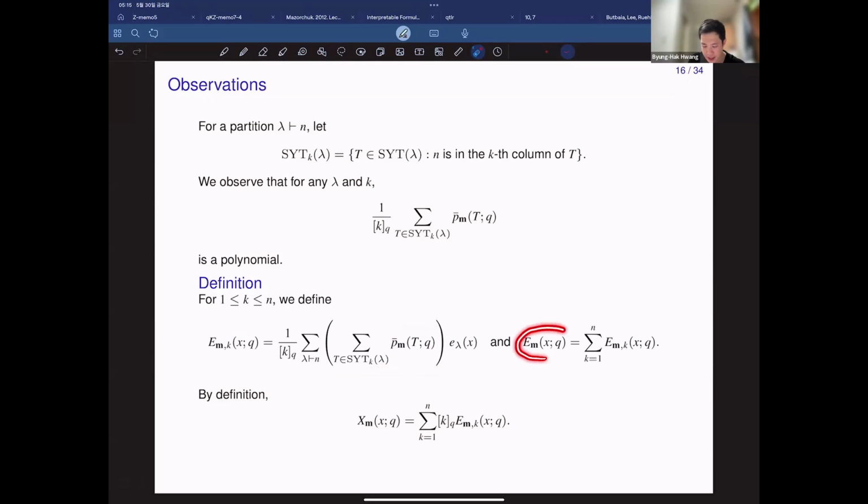And also e sub m is defined to be the sum of e sub m,k. By definition, you can find these expressions. So the chromatic quasisymmetric function is given by the summation of k times e sub m,k. So we have a decomposition of the chromatic quasisymmetric function, and we call these a variant of chromatic quasisymmetric functions.